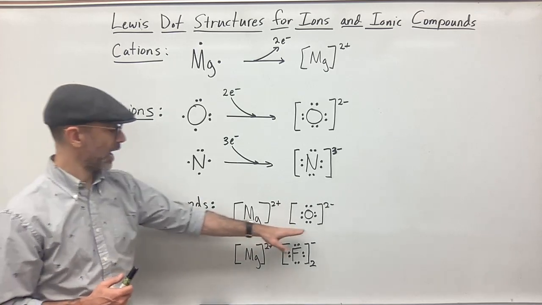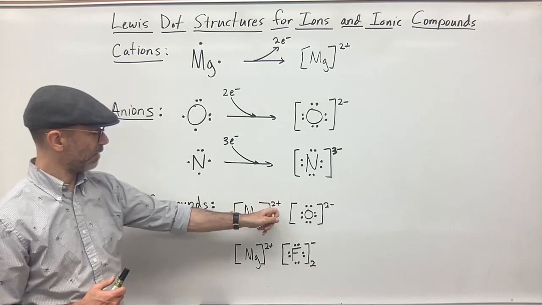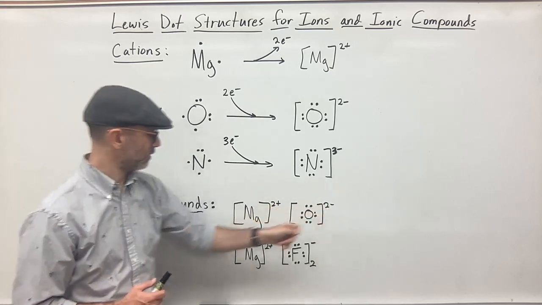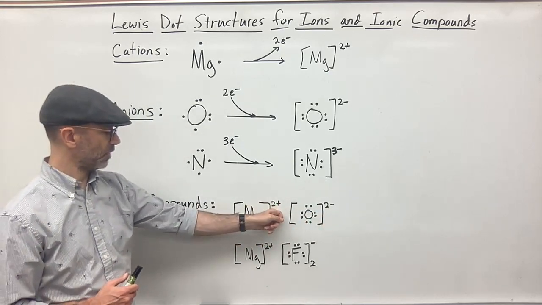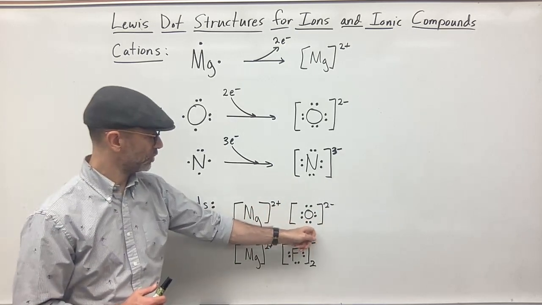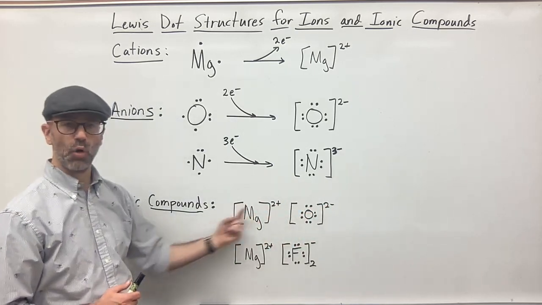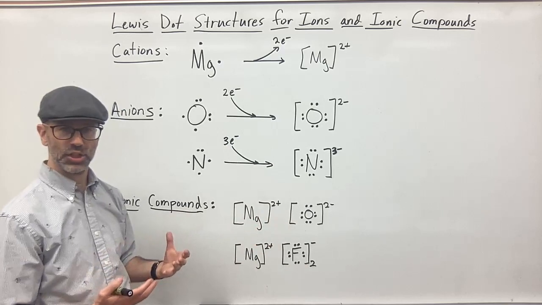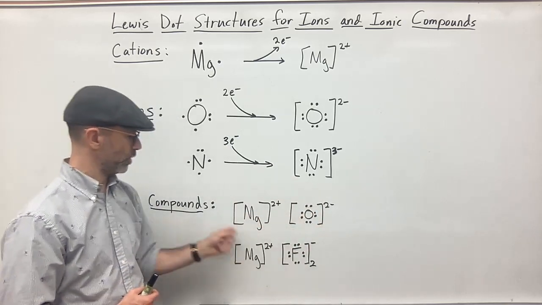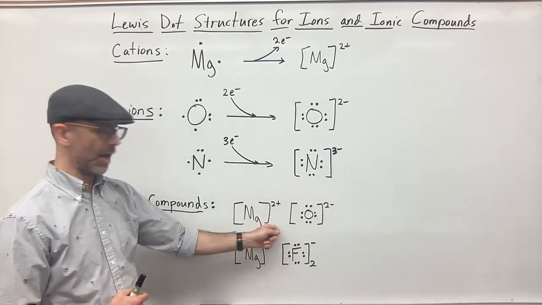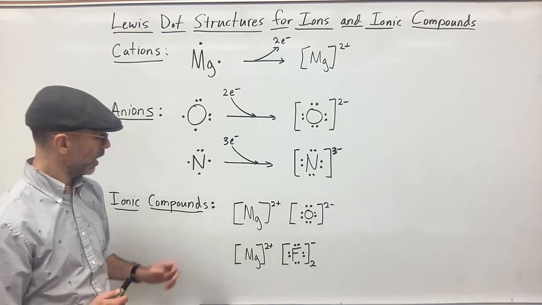We have magnesium and oxygen. Magnesium has a positive 2 charge and oxygen has a negative 2 charge, so you only need one each to balance the charge. So this would be your Lewis dot structure for magnesium oxide.